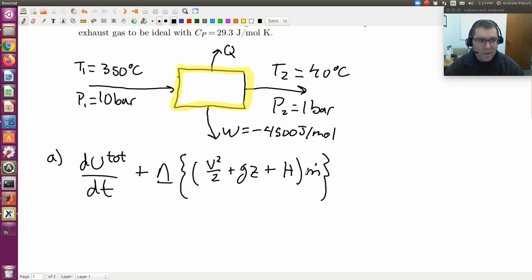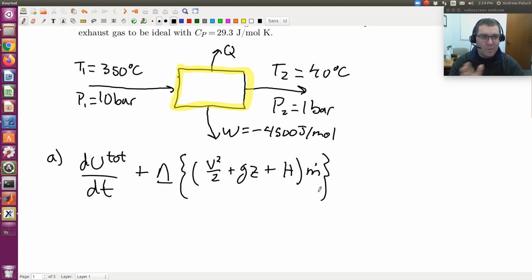The way I try to remember this is, when I have a flow device, I think of fluid flowing through a pipe. If I picture fluid moving like a hockey puck, so if I were to look at my pipe at some position down my pipe, at the cross-sectional area of the pipe, I'm picturing a hockey puck moving down my pipe. As that fluid element moves forward, it has to displace the fluid element in front of it.